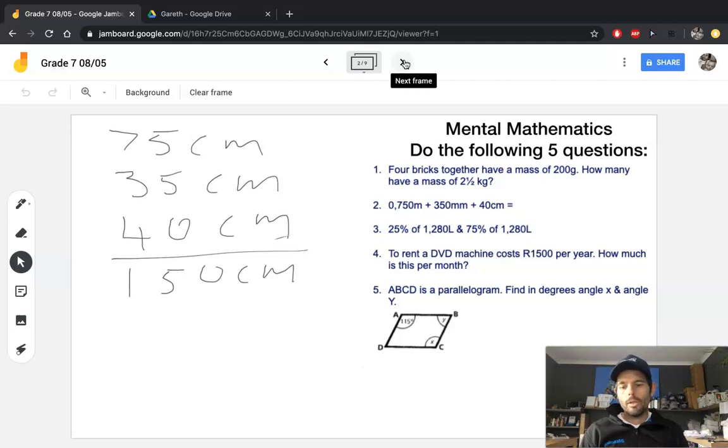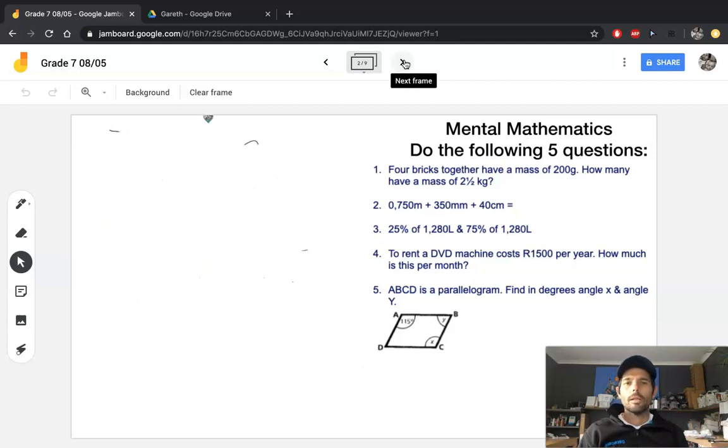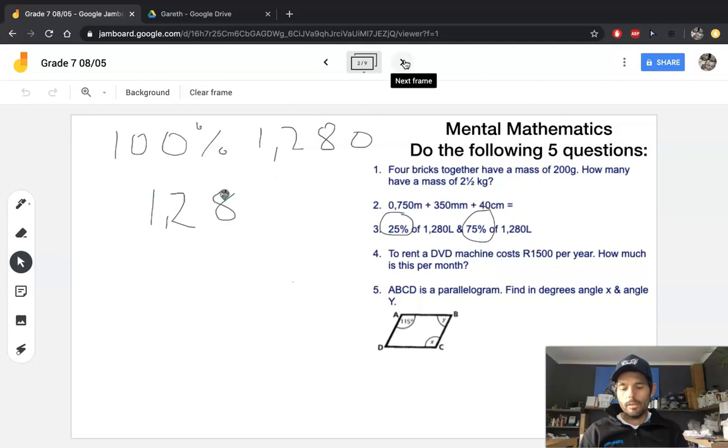Number 3, you needed to work out percentages of amounts. Now, there are 2 ways that you could do this. You could have either recognized that 25% and 75% are going to give you 100%. So 100% of 1,280 liters is actually going to give you 1,280 liters.